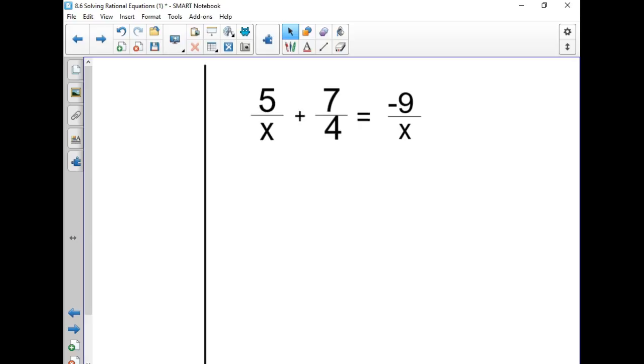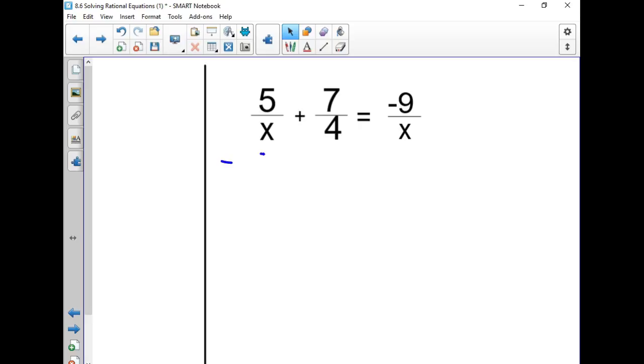Well, you could also just remove 5. There are a lot of different ways you could do this. Because you'll notice that my x's have the same denominator, what can I do? I can bring the 5x over to the other side.